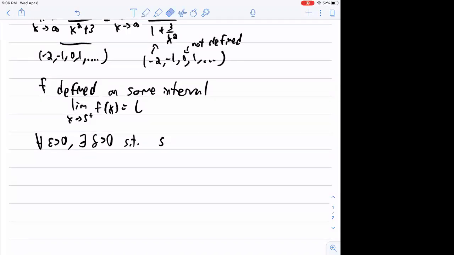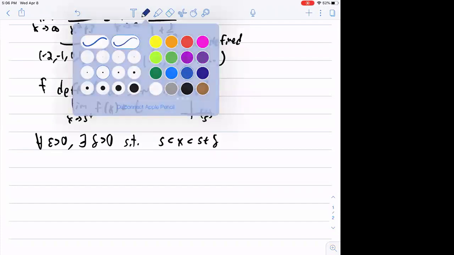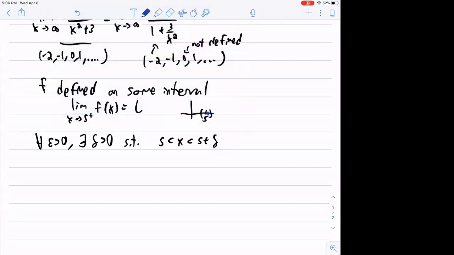So we want something like s less than x less than s plus delta. We're only considering one side of the ball. If s was here, before we drew a delta ball, but now we only care about this side. So such that for s less than x less than s plus delta, |f of x minus L| is less than epsilon.